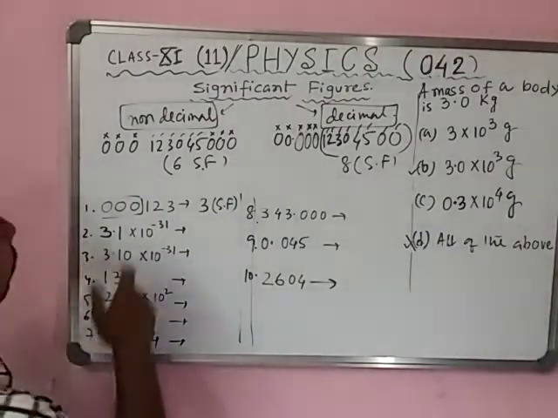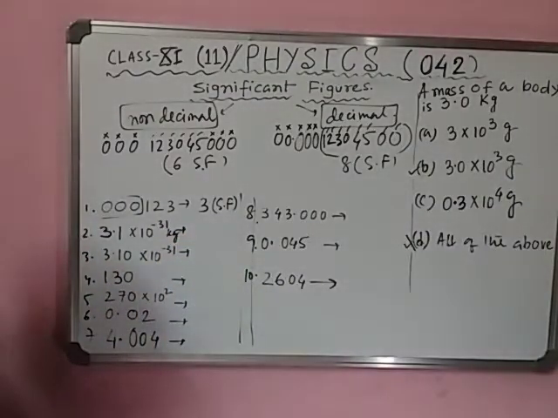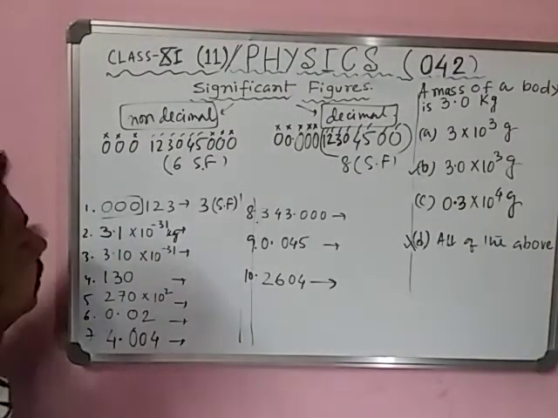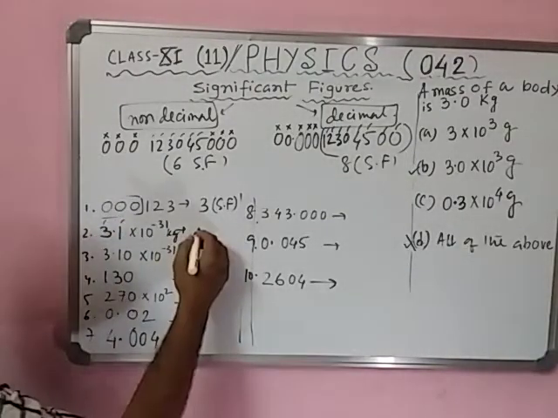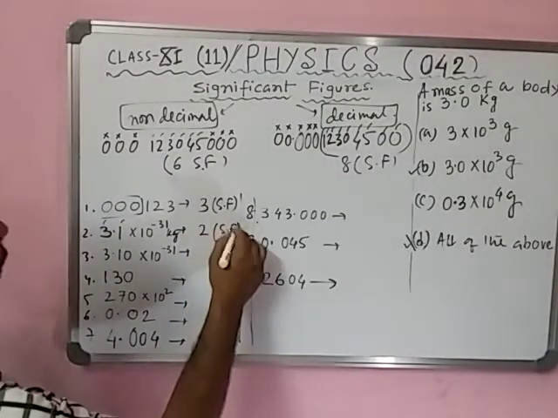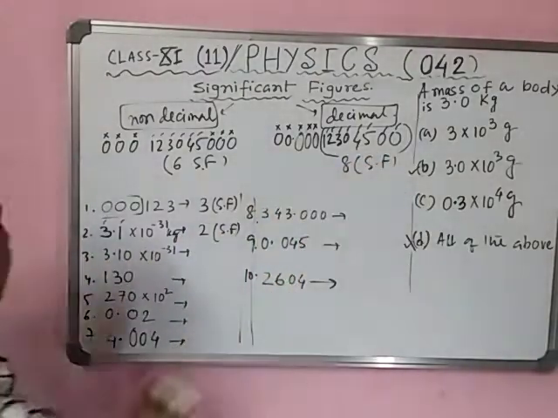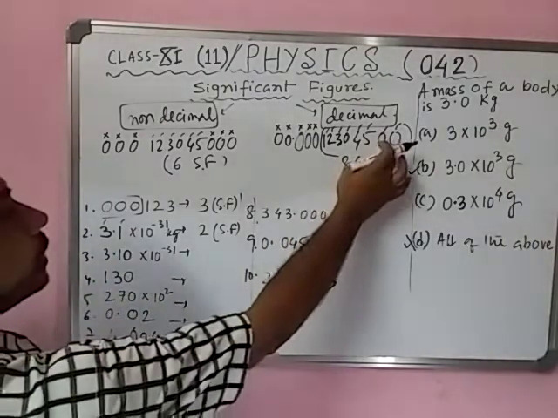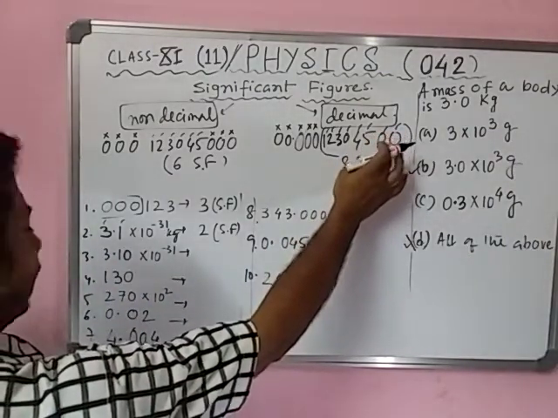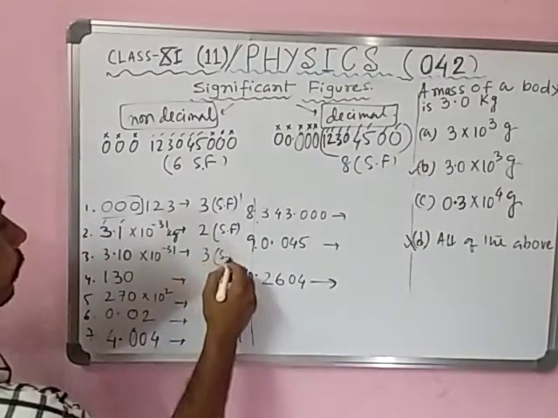Please note it down in your copy. So the number of significant figures is only 2. For the next, these are decimals: in 3.10 you have to count the last zero also, so 3.10 means 3 SF.